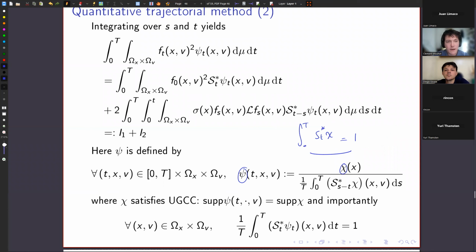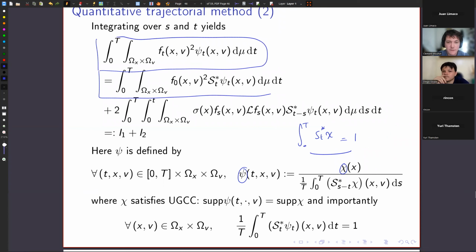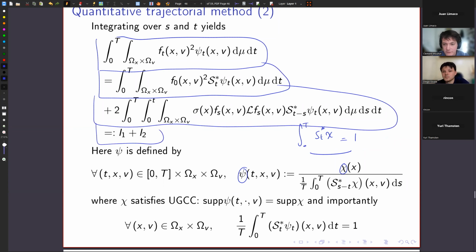And now you have 3 terms, and I will just tell you conceptually what we do on each of them. So this one is controlled by the dissipation, because you have the collision operator.